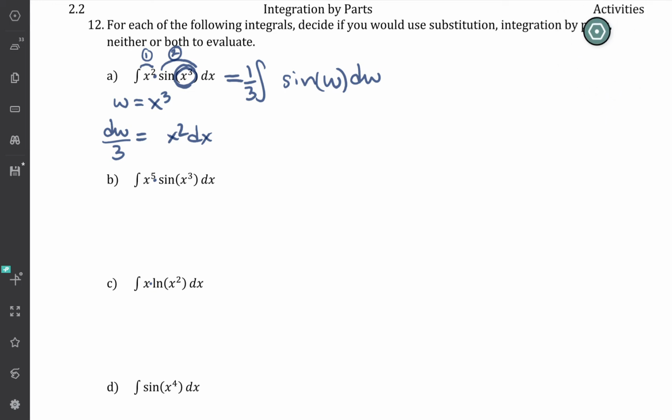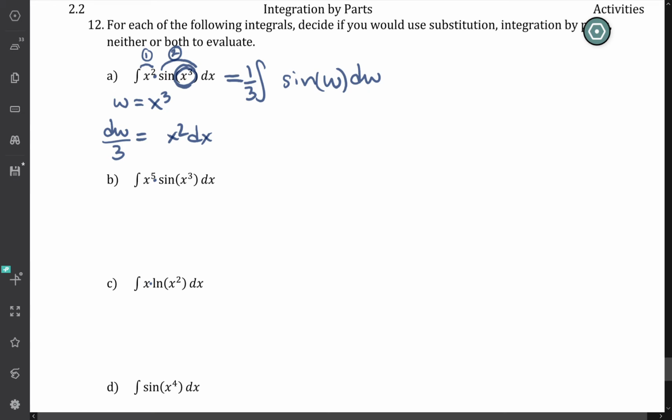The next one is similar. I still have a sine x cubed, so I still have a composition, but this one looks a little less promising on the fact that if I choose w equals x cubed and get dw over 3 equals x squared dx, it doesn't get rid of all those x's out in front. But if you mentally split this up and say, okay, I have my sine of x cubed, I have 5 x's sitting out in front.